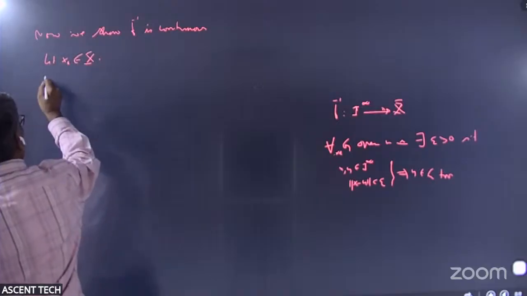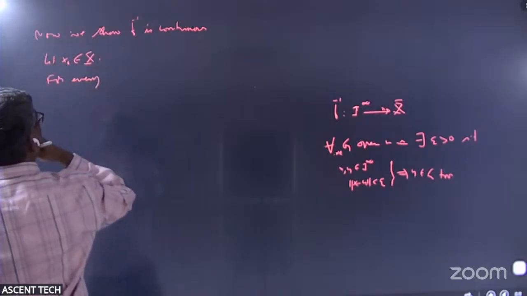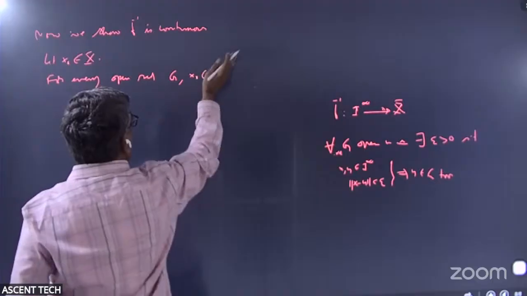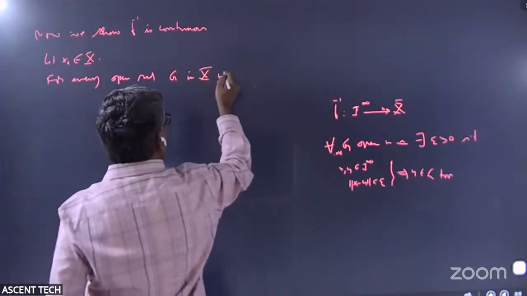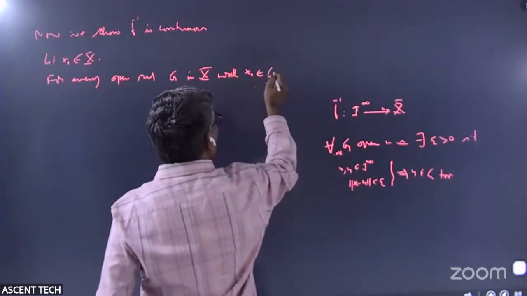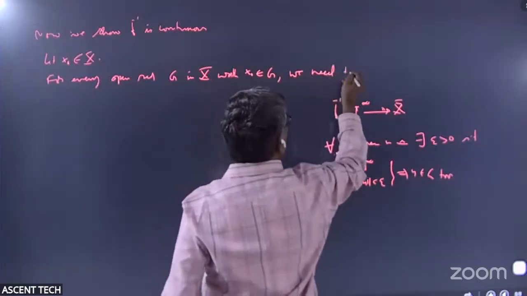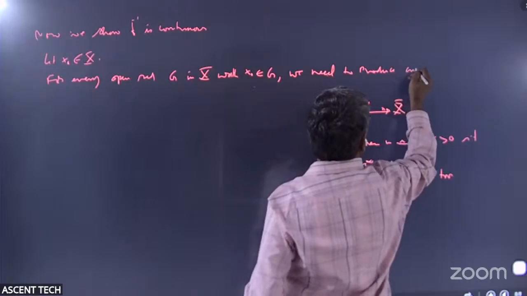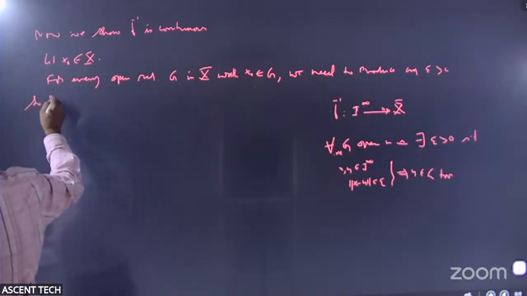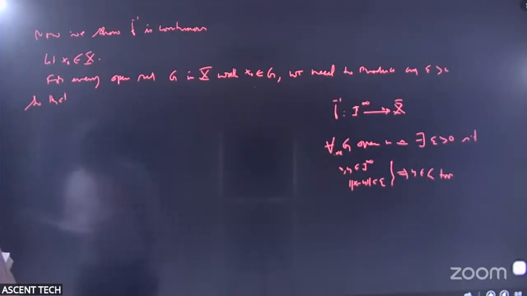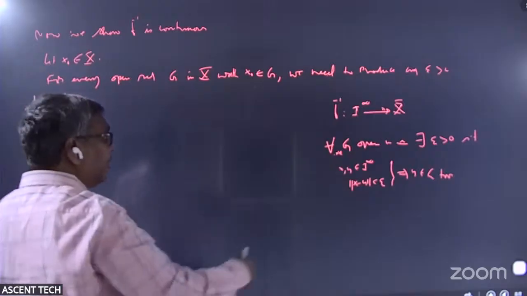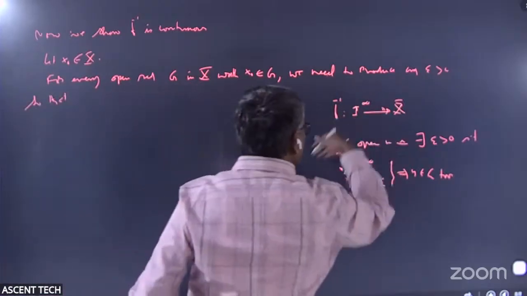For every open set G in X with x naught in G, we need to produce an epsilon greater than 0 so that, when I take elements in I infinity, elements in I infinity are like images, right?